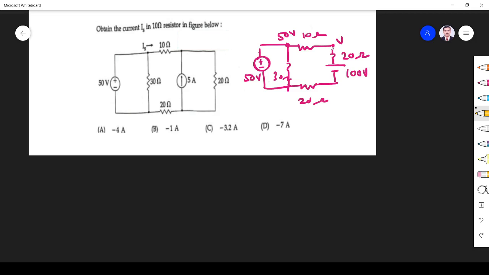Take this point: V minus 50 by 10, plus V minus 100 by 40, since this is 20 ohm and this is 20 ohm, so 100 volt across 40 ohm. First I find the potential difference between these two, V minus 50 divided by 10. Next, the potential across this, V minus 100 divided by 20 plus 20, 40. That is equal to 0.